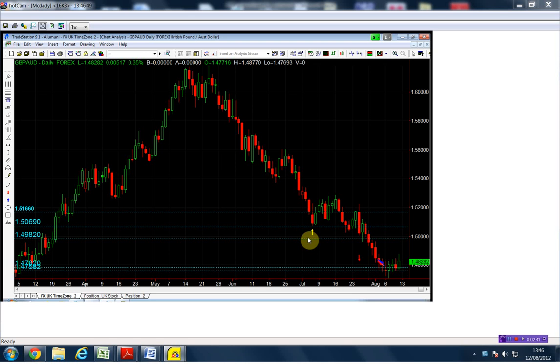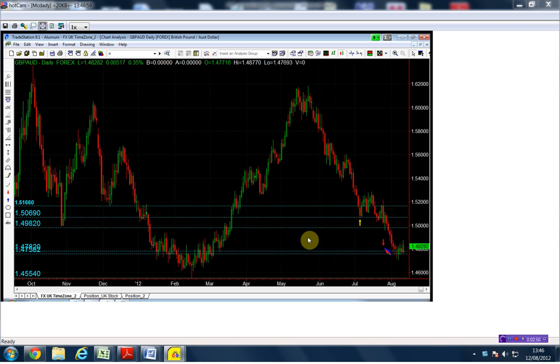So since I have a sell signal, my bias is to the downside, and my long entry is easy and identified, which means it has to be above these highs. If this thing is going to go up, it has to take out these highs, because this is what it failed to do on the week on Friday.